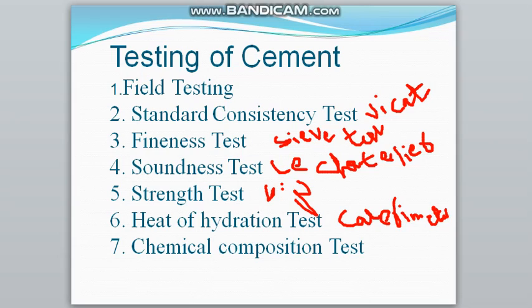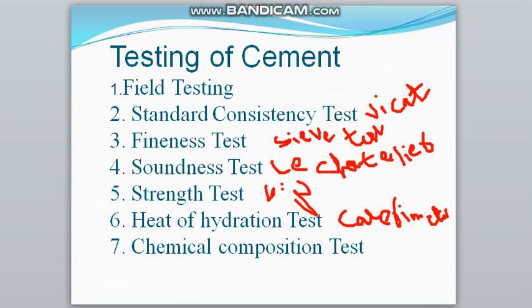Next we will discuss the chemical composition test. This chemical composition test is conducted by different tests to determine the amount of various constituents of cement. The ratio of percentage of alumina to iron oxide should not be less than 0.66.